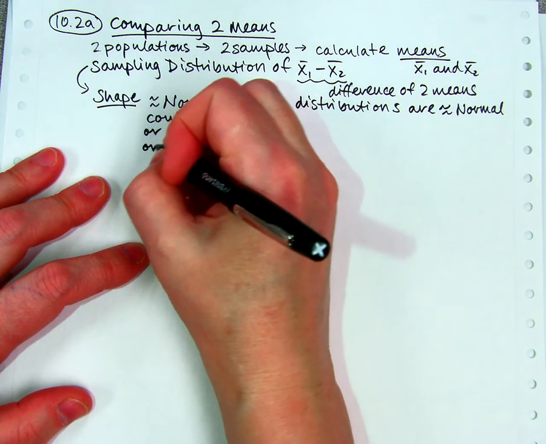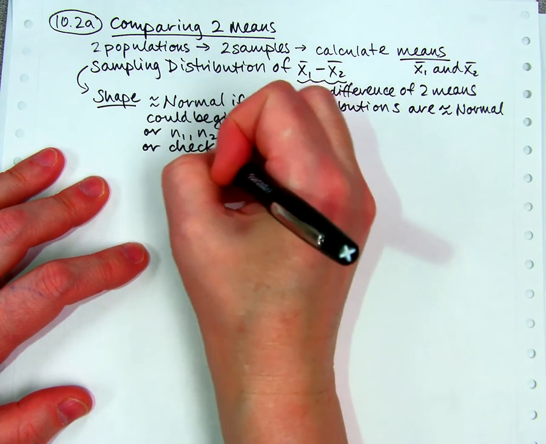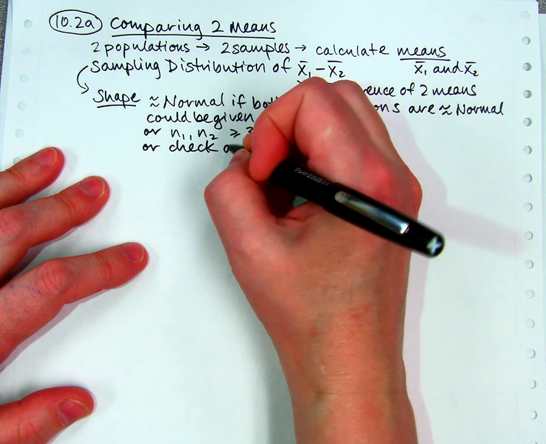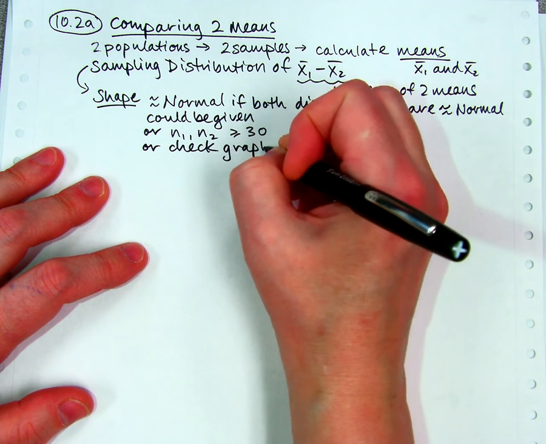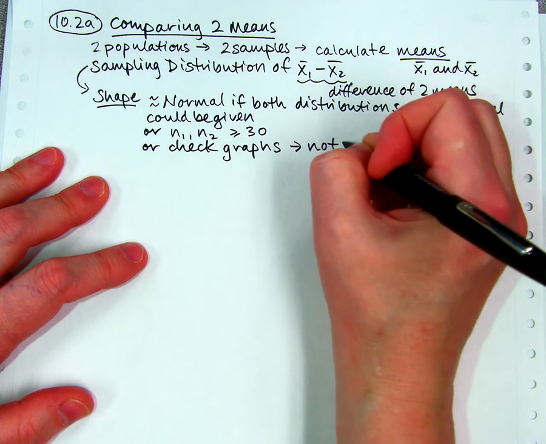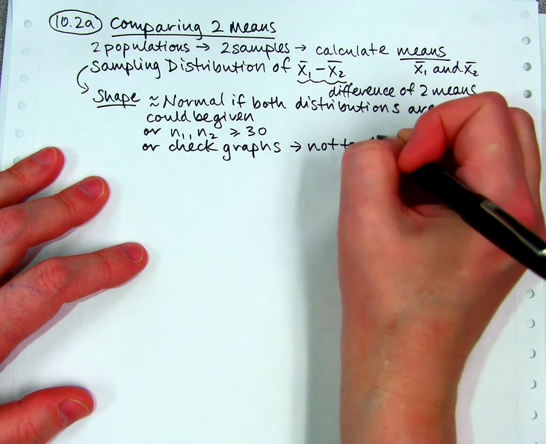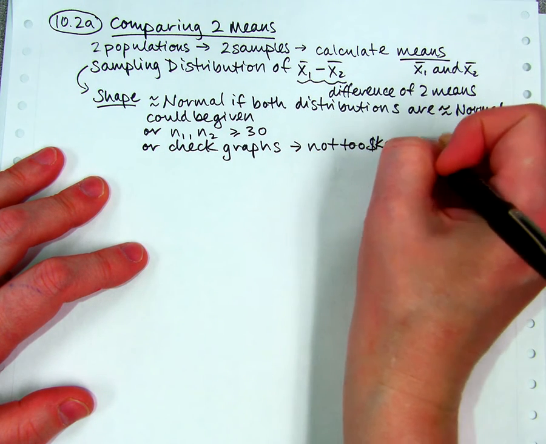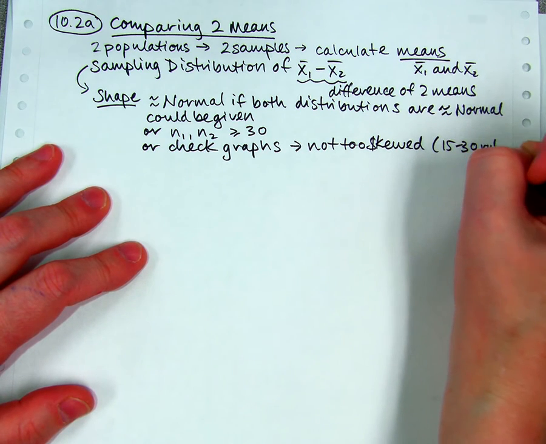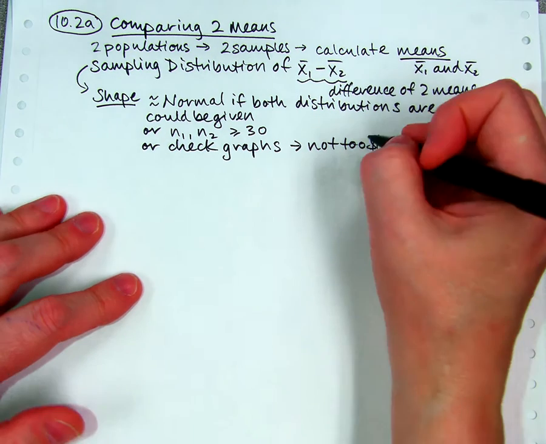Or we could check the graphs. So remember, this is the part where we don't do the NPs anymore. We do all these different possible things that could happen. If the graphs are not too skewed, then we're going to be okay with that. That's the 15-30 rule, where if it's in between, then a little bit of skew is okay.